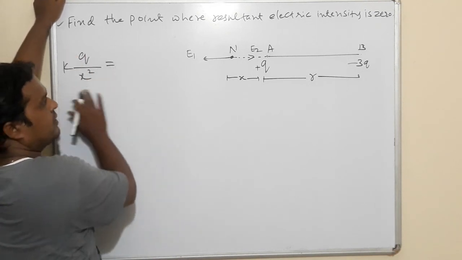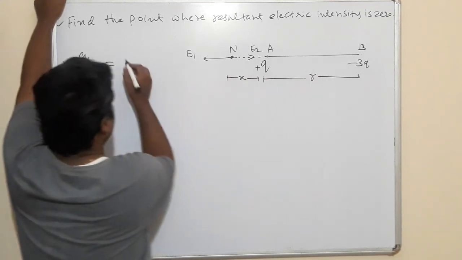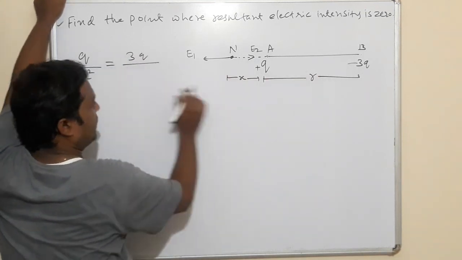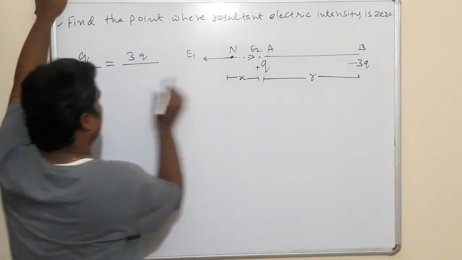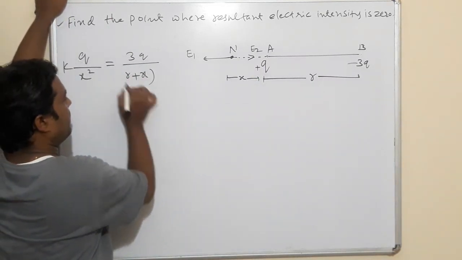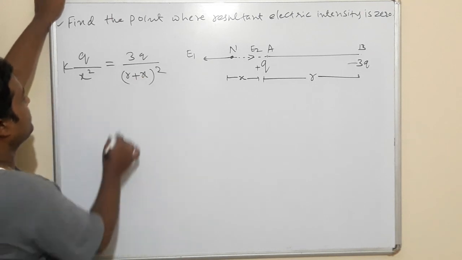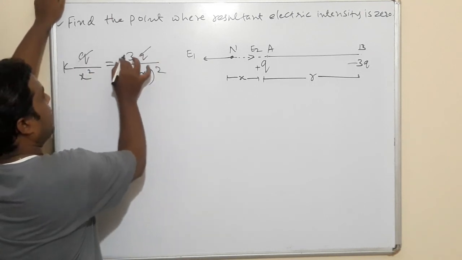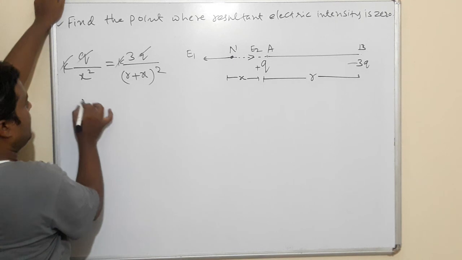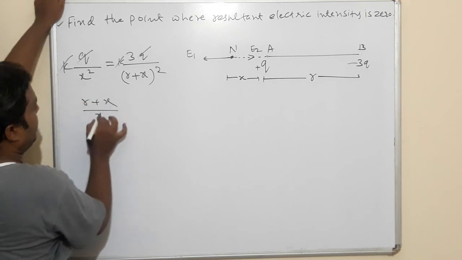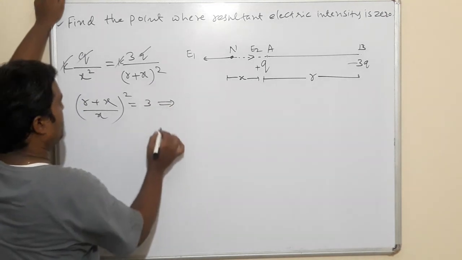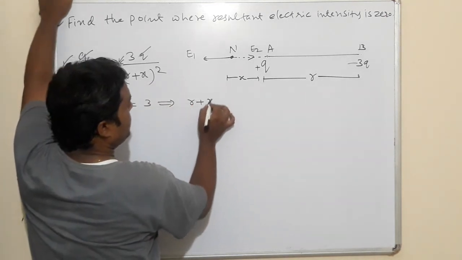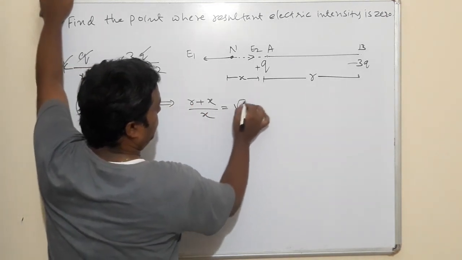Then this is 3Q divided by, don't take minus, because we are taking the magnitude of the charge to calculate the electric field. Then what will be this distance? This distance will be R plus X whole square. Then Q cancels, k also you can cancel. Then R plus X by X whole square is equal to 3, which implies R plus X by X is equal to root 3.